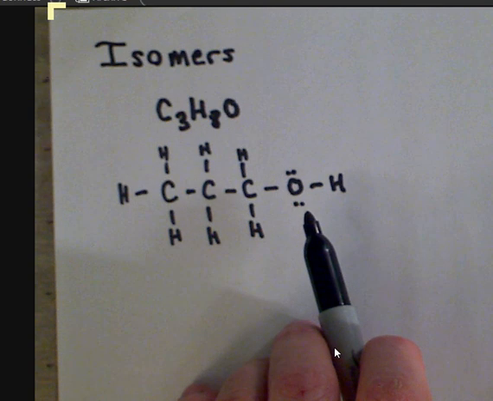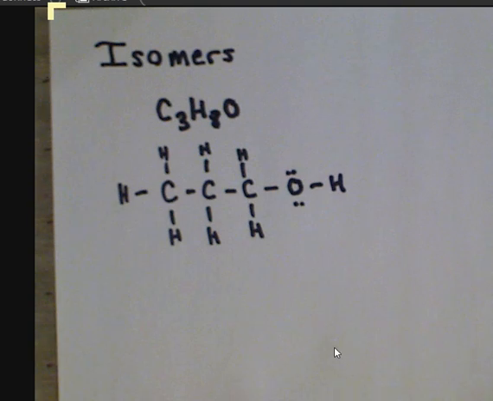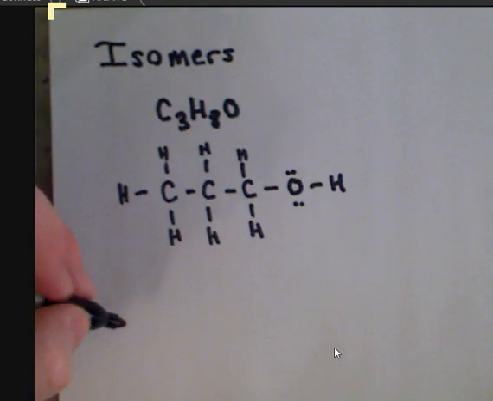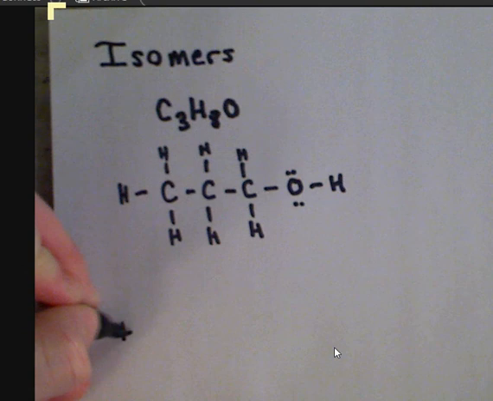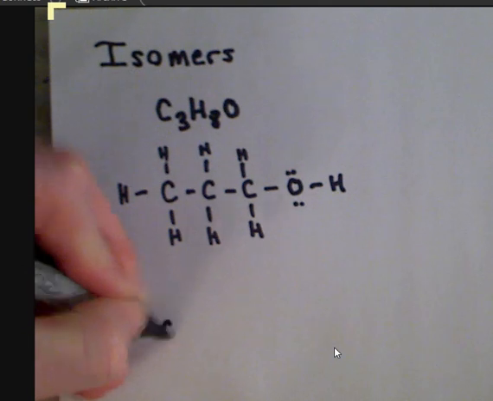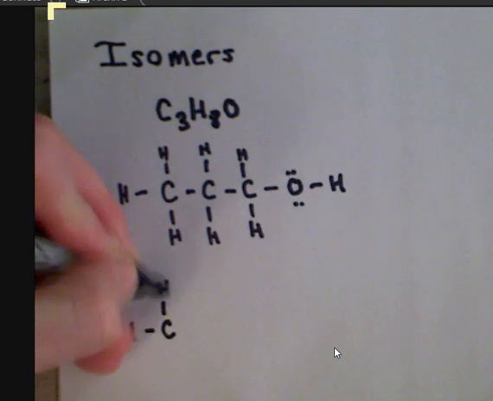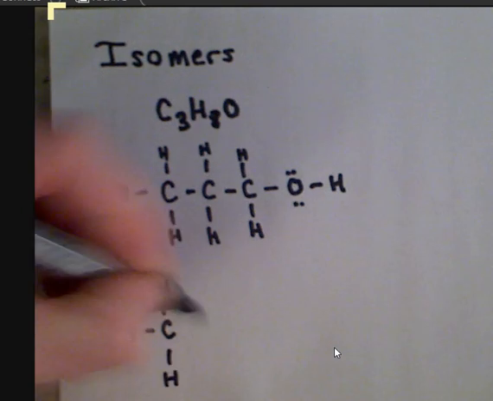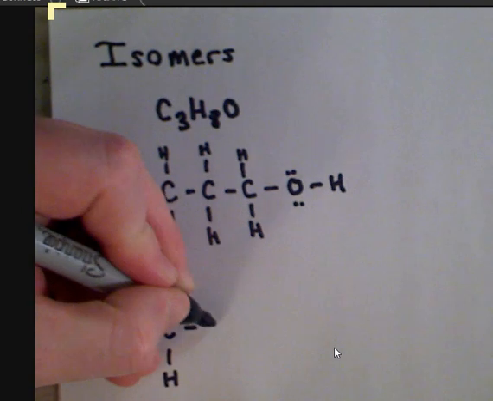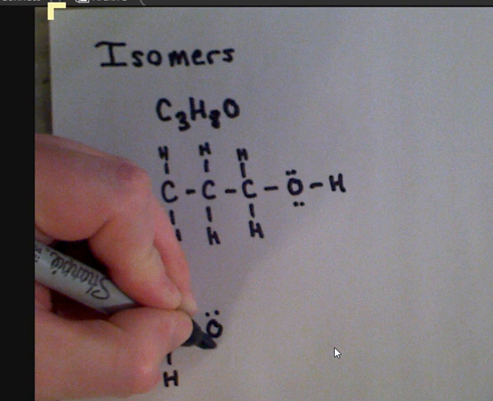Alternatively, we could use this same exact formula, C3H8O, and we could draw this with a slightly different arrangement. We could actually break up that carbon chain, putting oxygen in the middle.